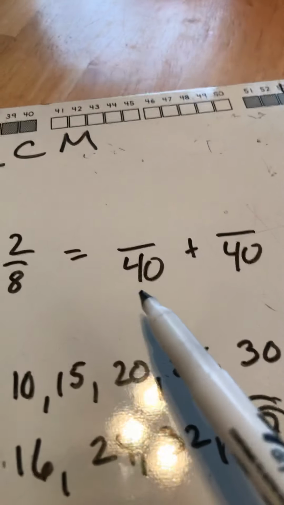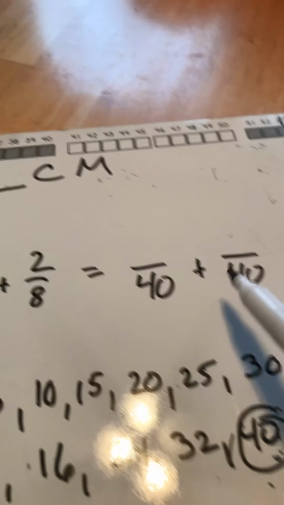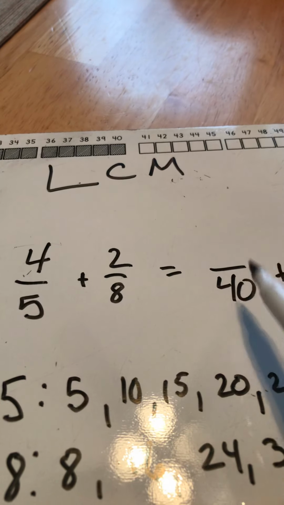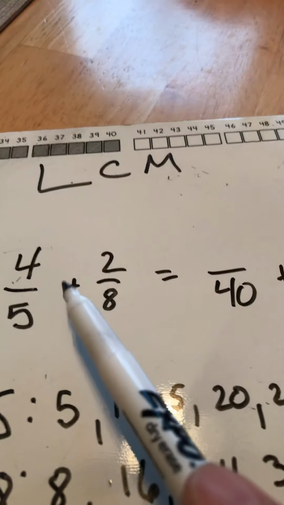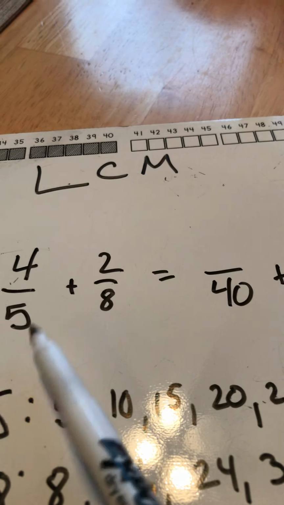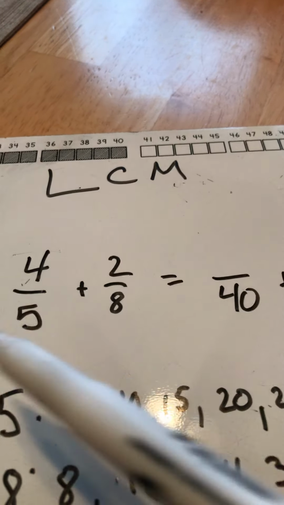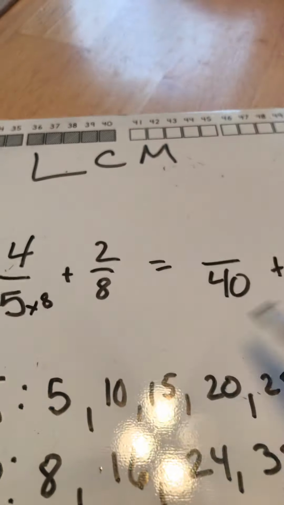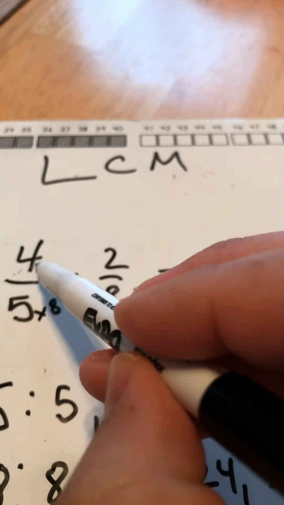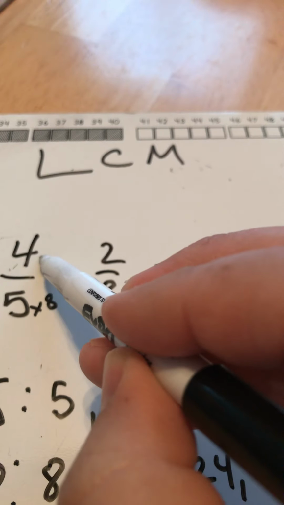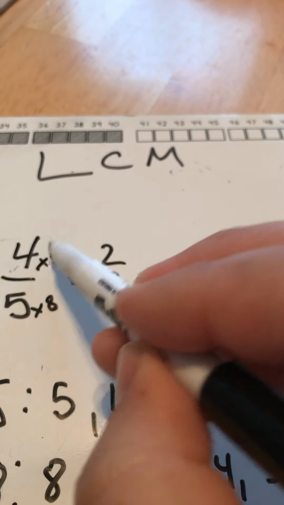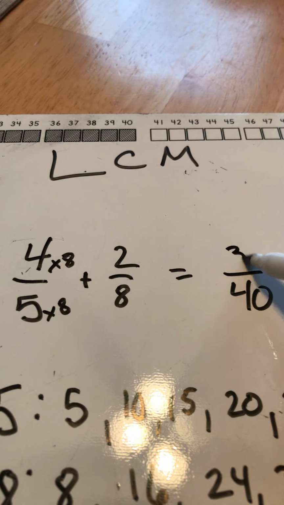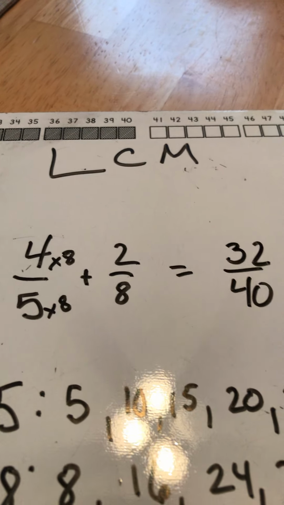Going back up here, we have 40 and 40. So we need to say, okay, what times 5 equals 40? Because remember, whatever we do to the bottom, we have to do to the top. So we're turning this 5 into a 40. And we say, well, 5 times 8 equals 40. So then, of course, whatever we do to the bottom, we have to do to the top. 4 times 8 is 32.